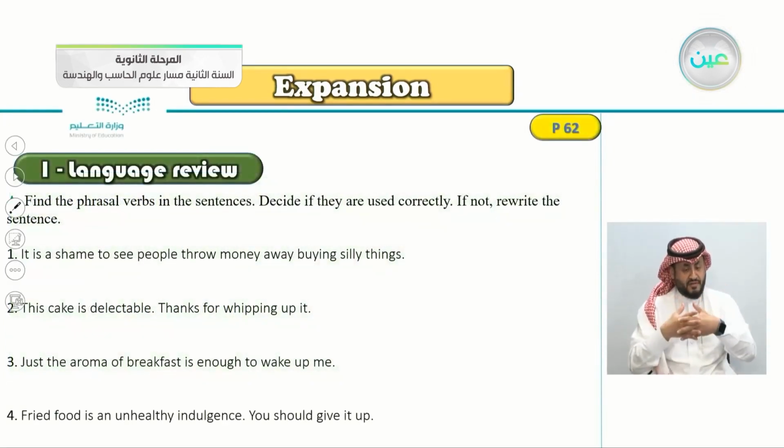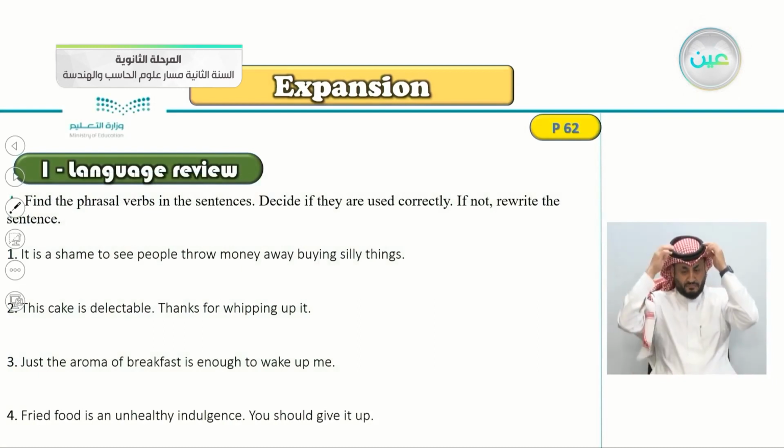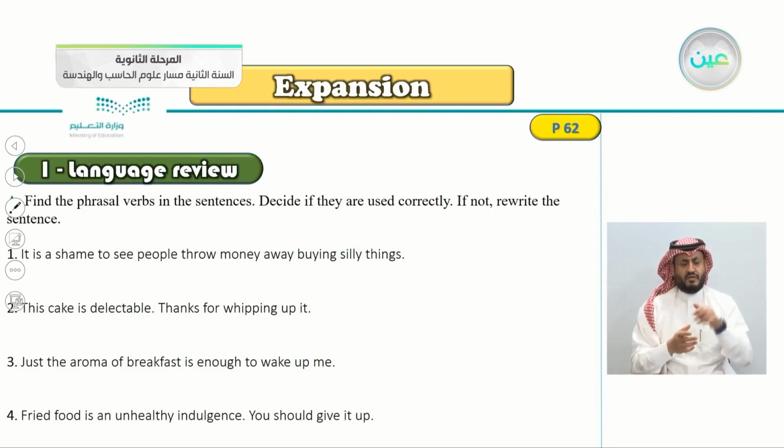So getting back to our exercise here. Number 1: It is a shame to see people throw money away buying silly things. So where is the phrasal verb here?